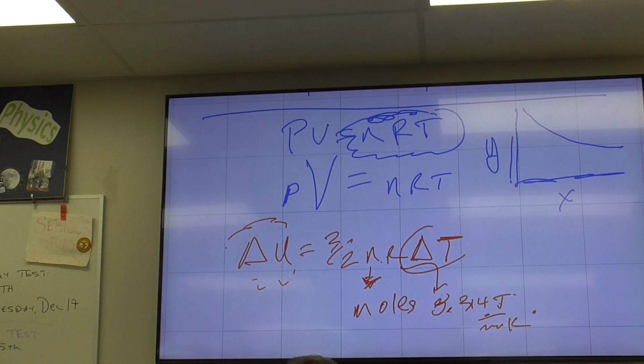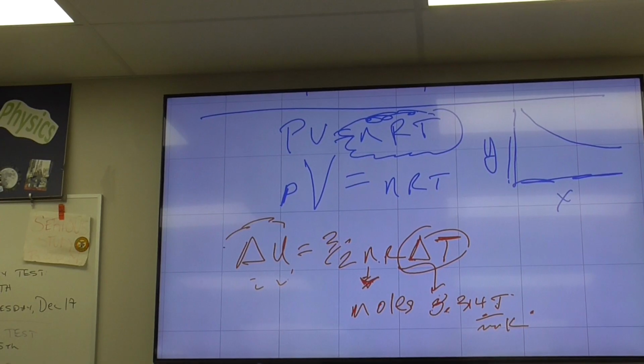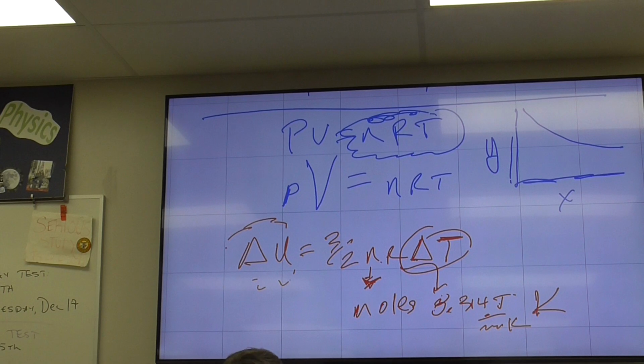Now, again, this is change in temperature, okay? This is not temperature. This is change in temperature. But that's still going to be in Kelvin. So the moles cancel out, the kelvins cancel out, you're left with joules, okay?